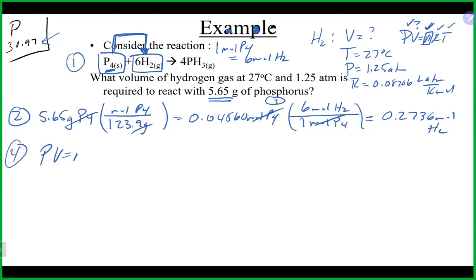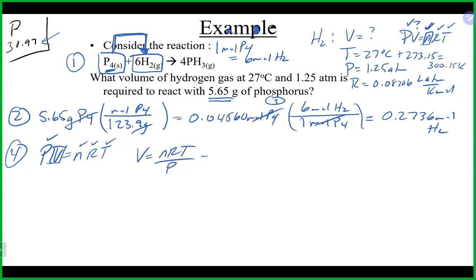Once again, with the ideal gas law, and we got everything here, we're going to solve for volume. Volume will be nRT divided by P in this case. Looks like here the only thing we got to convert is our temperature, so 27 plus 273.15 is going to get us 300.15.